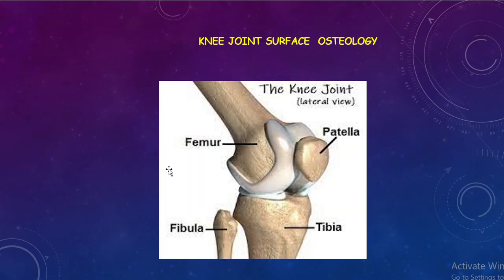We see that better on this diagram. You can see the patella articulating with the femur, the patellofemoral articulation, and then the medial epicondyle of the femur articulating with the medial tibia condyle. And then the lateral epicondyle articulating with the lateral condyle of the tibia.